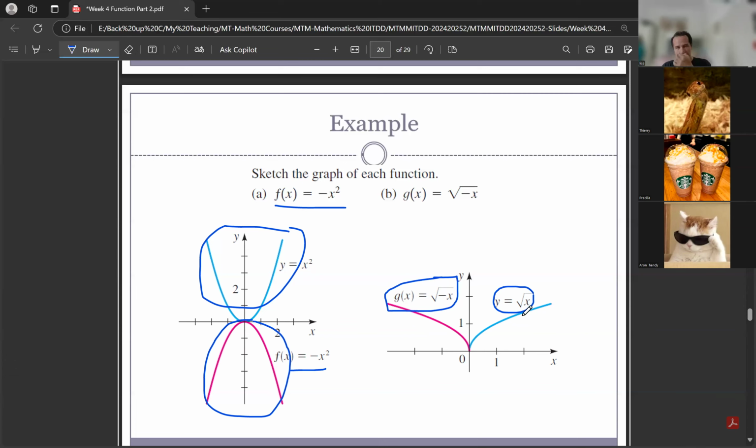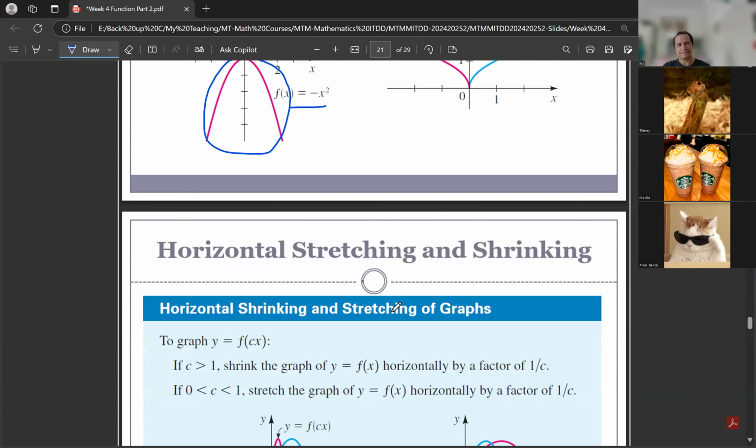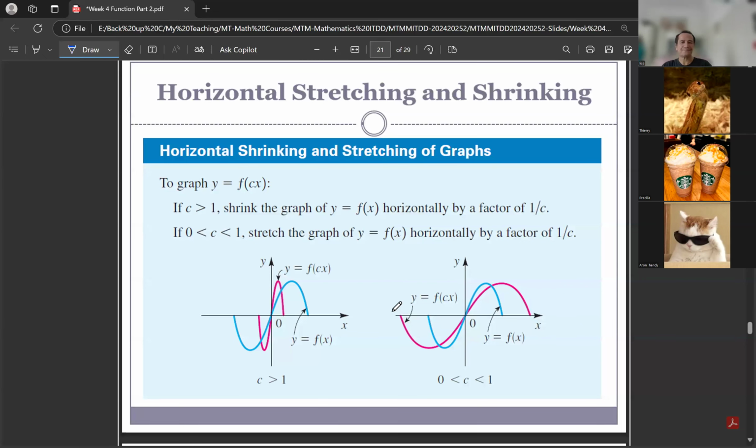So from here to get minus square root of minus x, it means that x is replaced by -x, and we must reflect the curve in the y-axis. Okay.